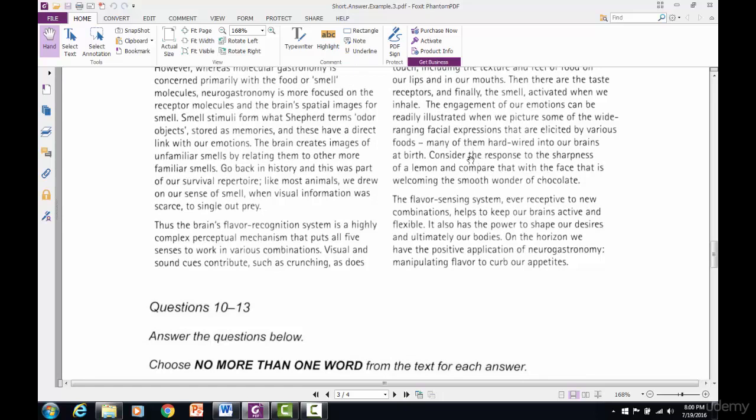Consider the response to the sharpness of a lemon and compare that with the face that is the welcoming, smooth wonder of chocolate. Answer is chocolate. Welcoming, smooth wonder is a synonym for positive emotion. Sharpness of a lemon is not a positive emotion, but the welcoming, smooth wonder of chocolate is. So our answer is chocolate.